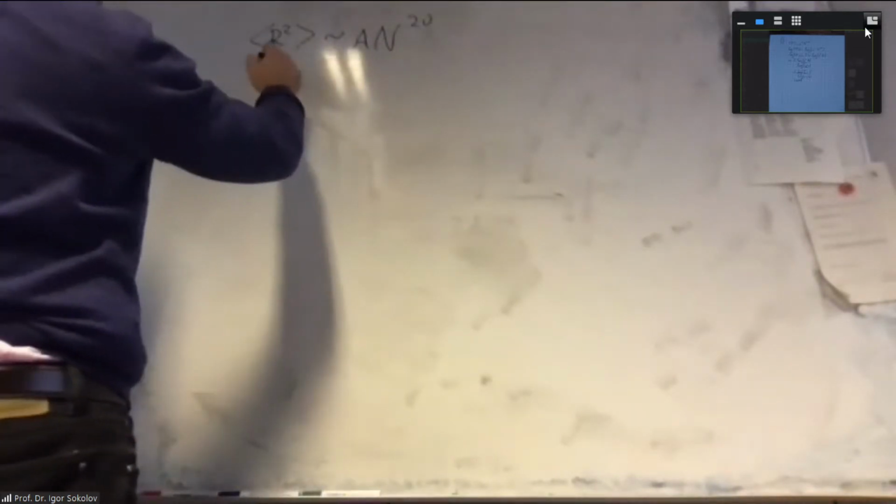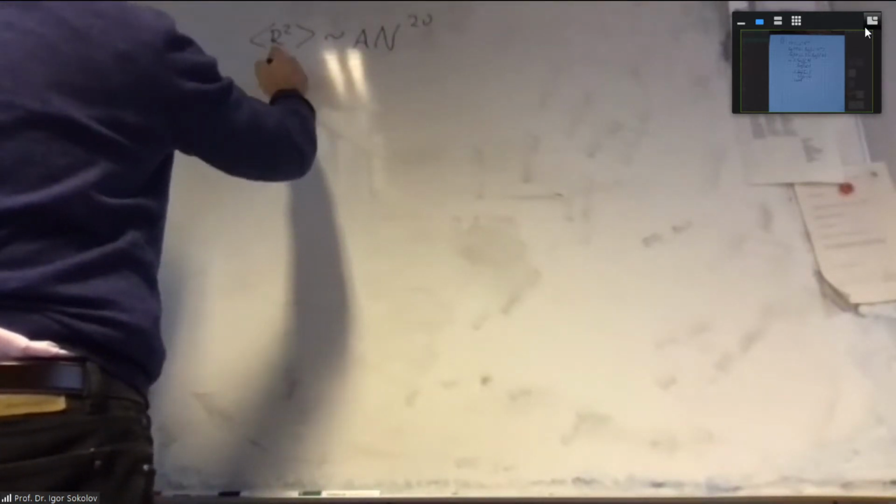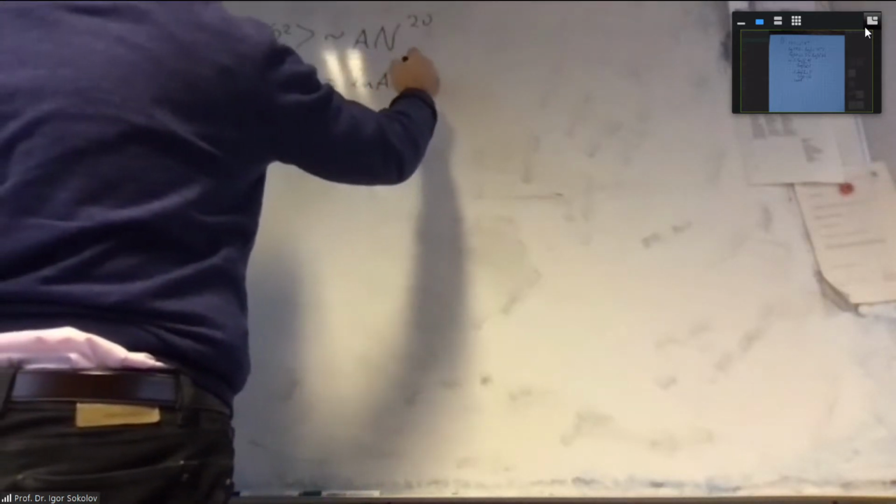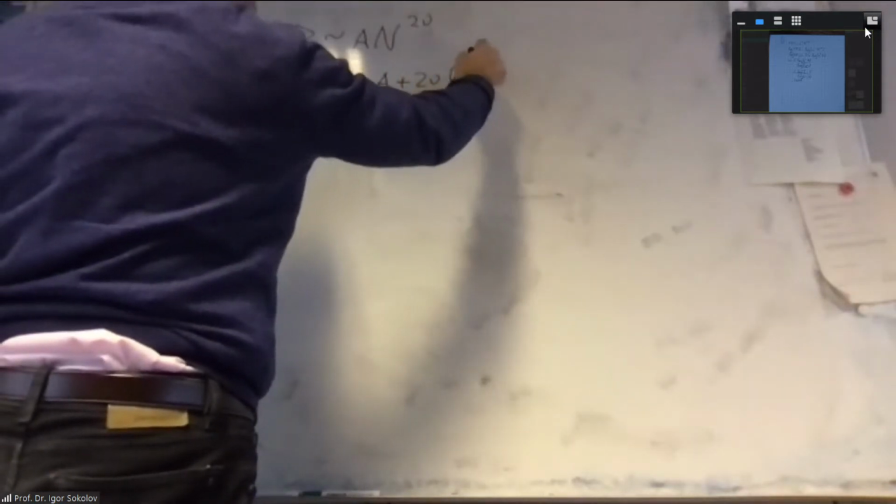This means that ln r squared is ln A plus 2 nu ln n.